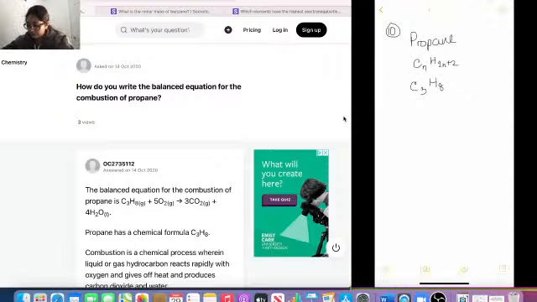And now we are gonna write out the balanced equation for the combustion of propane.